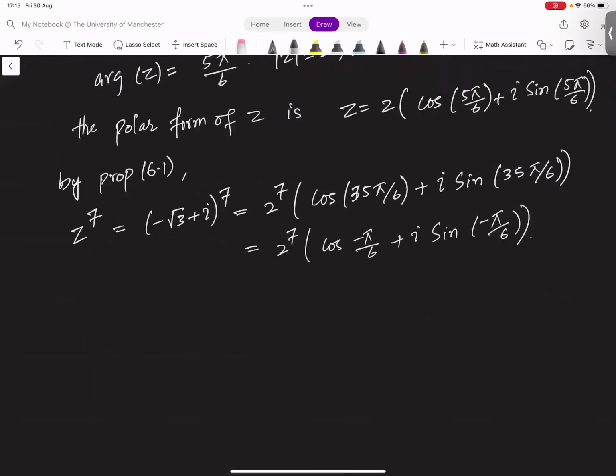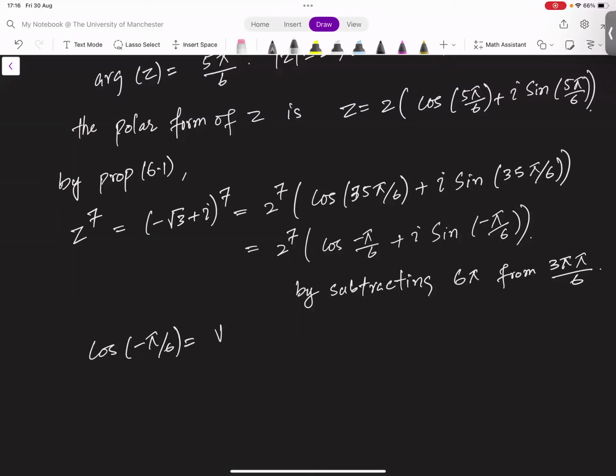Subtracting 6 pi from the argument 35 pi over 6, you can write this. Okay. Now we know cos minus pi by 6 is under root 3 over 2, and sine minus pi by 6 is minus 1/2.